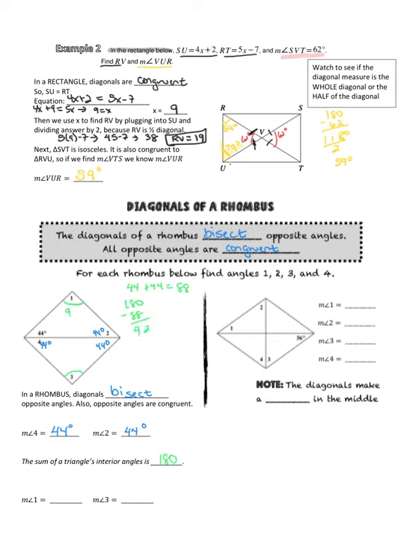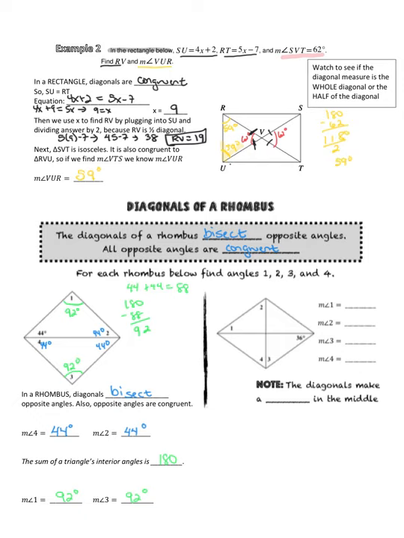So angle 1 is 92 degrees, as is angle 3. And you can check by adding up all the angles; they should add up to 360 degrees if you add all of them together.